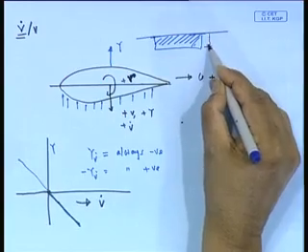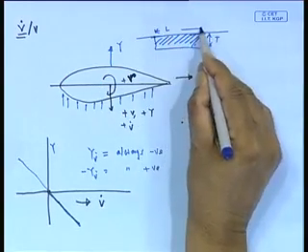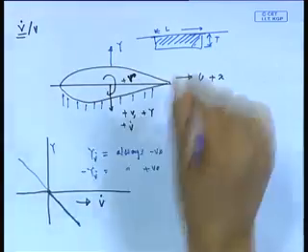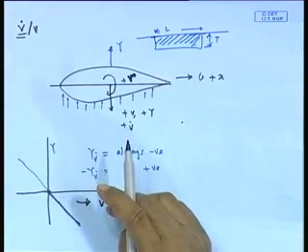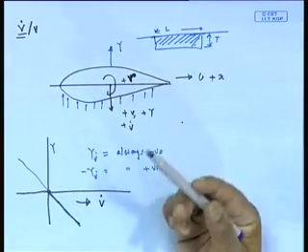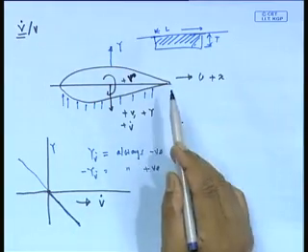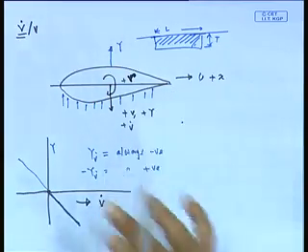This is my draft T. If I swayed it, its added mass is essentially the same as the mass of the fluid being accelerated. So, this mass is going to be almost the same as the mass of the hull itself.